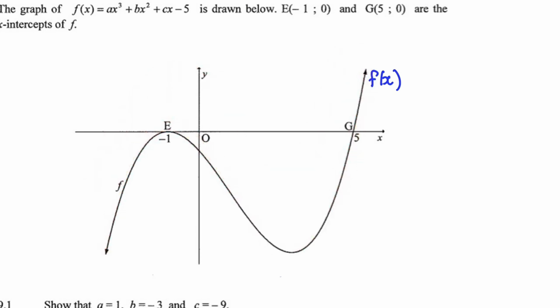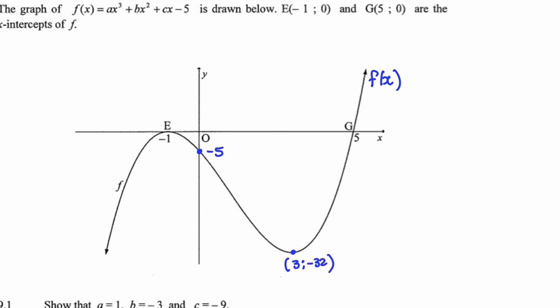So let's look at some critical values. We know that the y-intercept is -5, and we know that the local minimum is where x is equal to 3. Now if I substitute x equals 3 into my equation of f(x), I have a y value of -32.